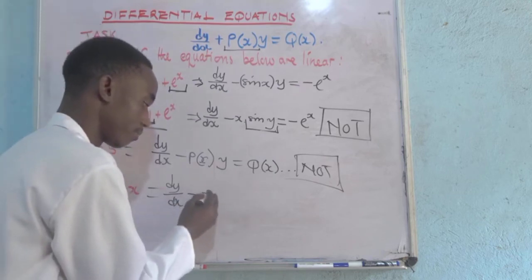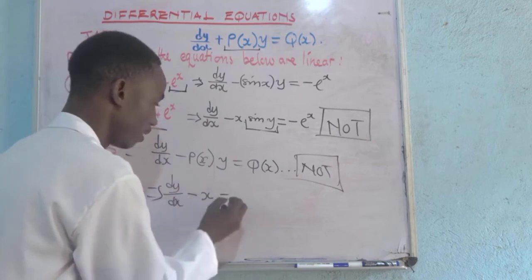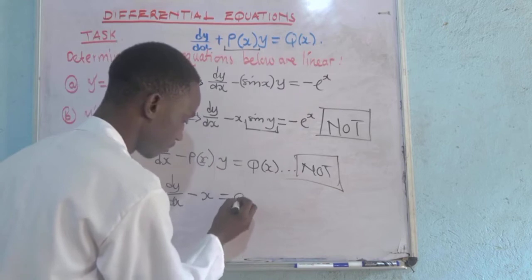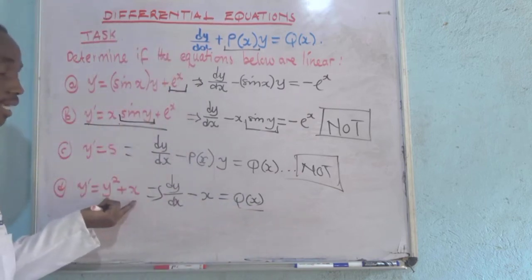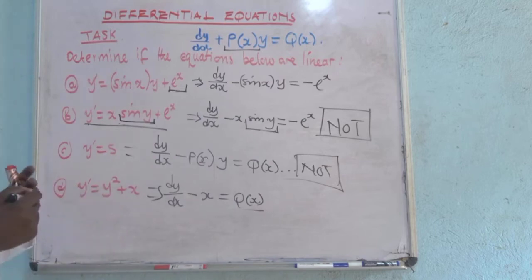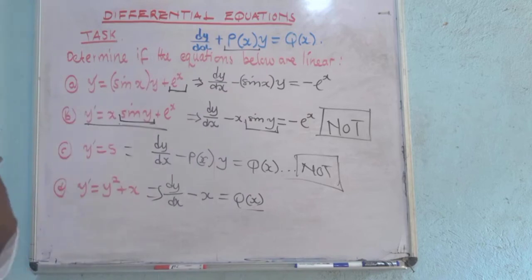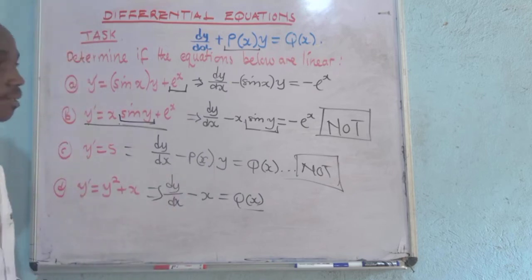And also if you equate this to a function q of x, we need to have something like q of x, so this one also is not a linear equation. Basically, for you to have a linear equation, you need to have all these satisfied in the equation. Okay, so let's proceed and see other problems.